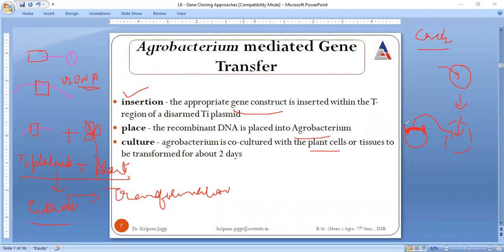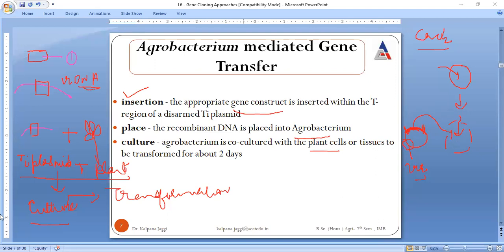How this part breaks itself from the rest of the vector is possible by the presence of the Vir region, and this Vir region is responsible for the transfer of this tDNA into the host genome.